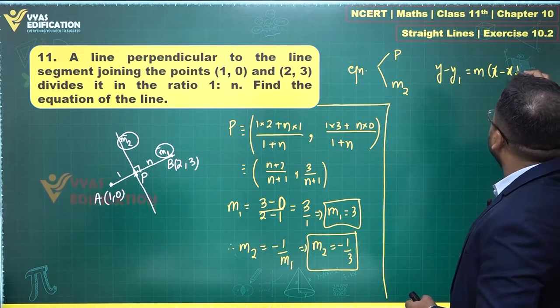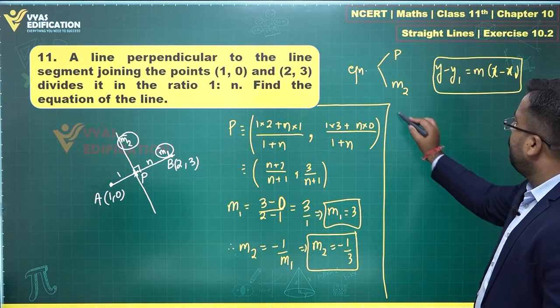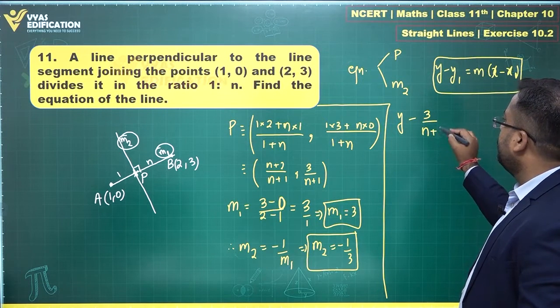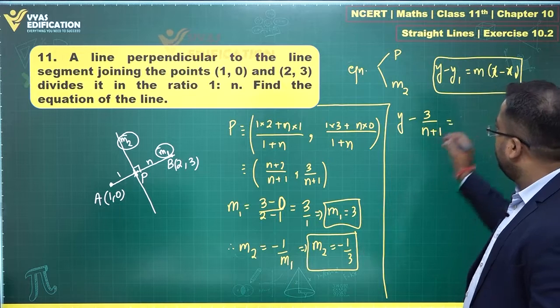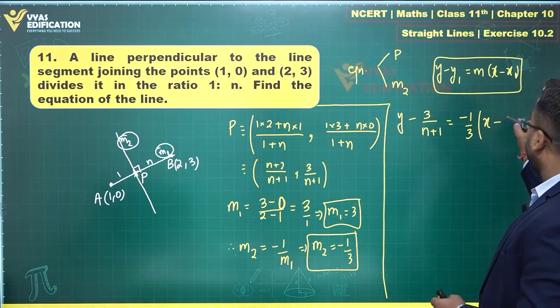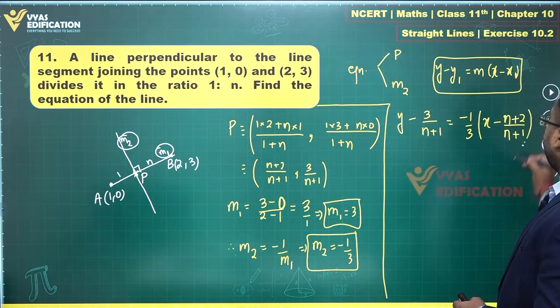This is the idea of point slope form. So y minus point y1, this is what you need, is equal to slope minus 1 by 3 times x minus this x1, (n plus 2) upon (n plus 1).